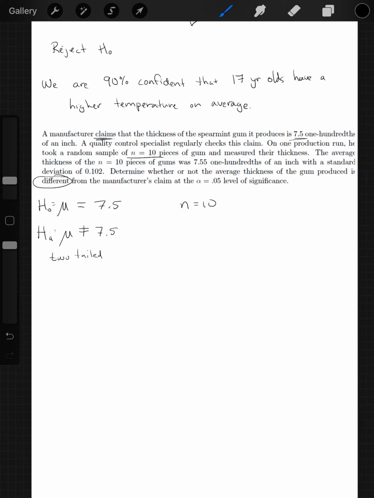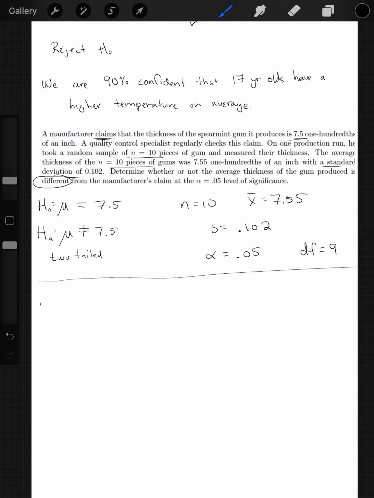The average thickness of the 10 pieces of gum tells us that X bar was 7.55. And standard deviation is talked about in the same sentence as the sample. So we know it's S. And we have alpha equals 0.05. Right, so our degrees of freedom are going to be 9. We can figure that out right away.